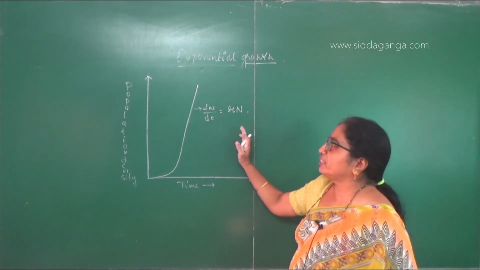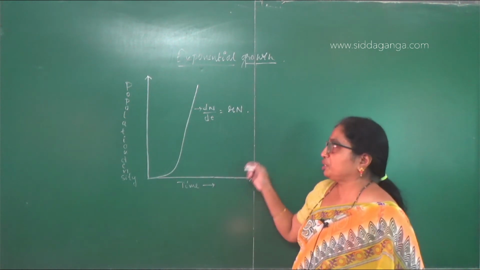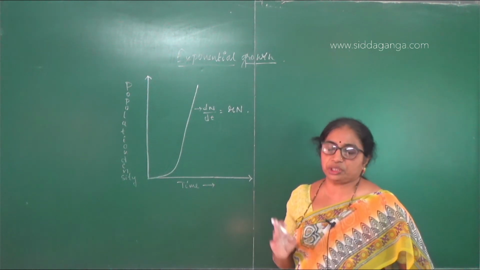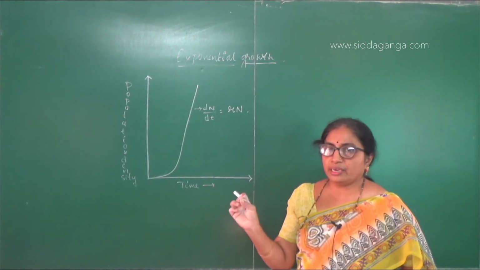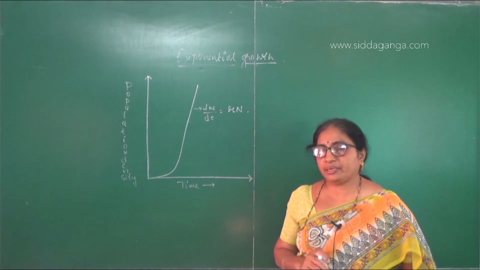I hope you have understood what exponential growth is. Once again, I shall repeat. Exponential growth can be given with the help of the equation dN/dt = rN, where r can be calculated if we know the per capita birth rate and per capita death rate.